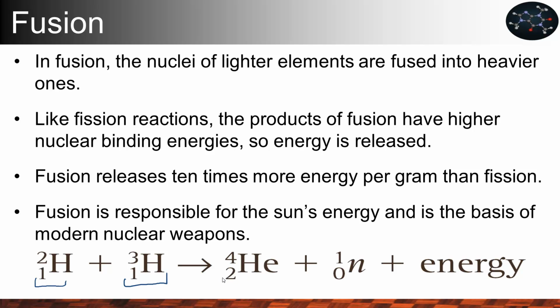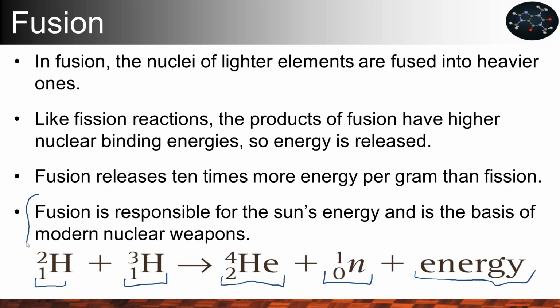And when this occurs, you fuse the 2 hydrogens together to form a helium nucleus. The spare neutron is given off, and you release a freakishly large amount of energy that is way, way more energetic than even a nuclear fission reaction that's responsible for the original nuclear weaponry or nuclear reactors.